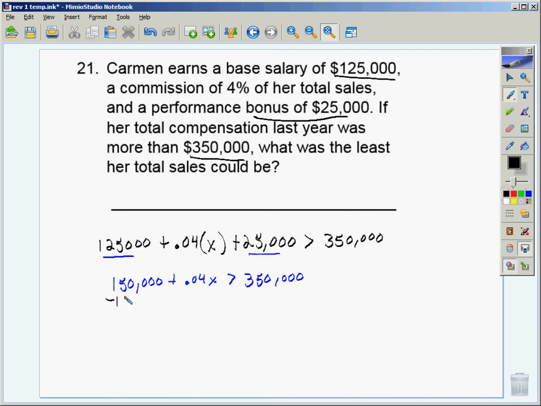I would subtract 150,000 from both sides. I'd now have 0.04x is greater than 200,000. And I would divide both sides by 0.04.